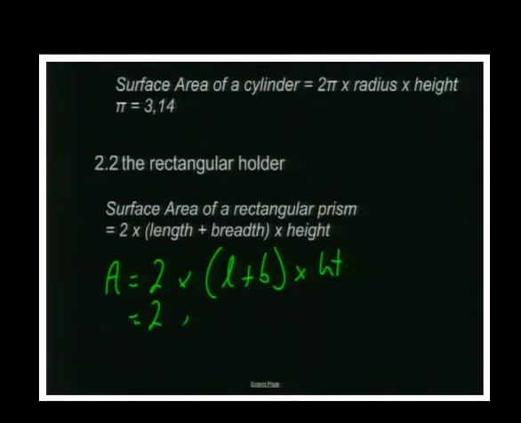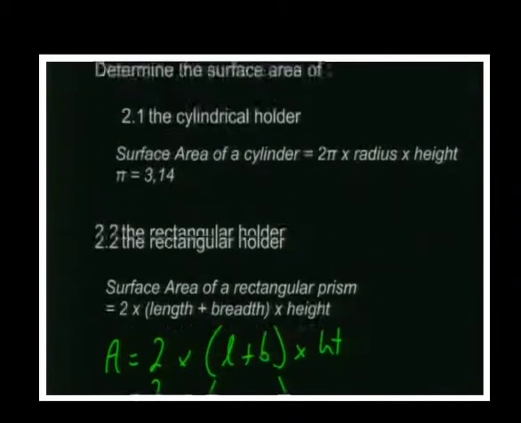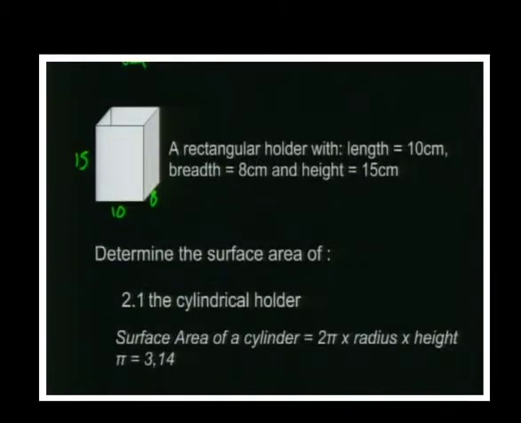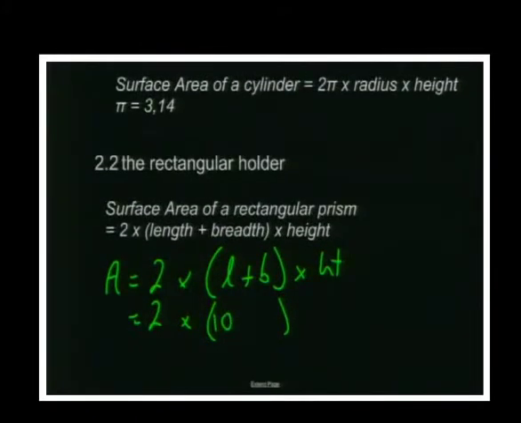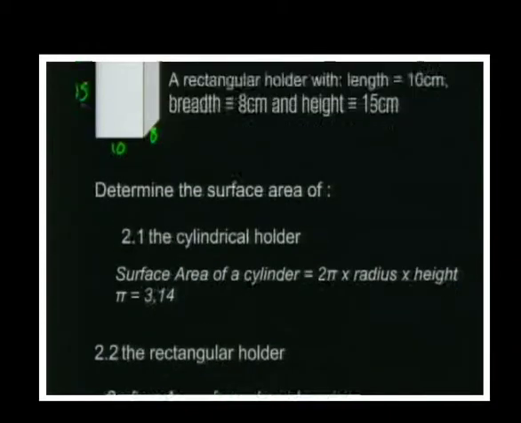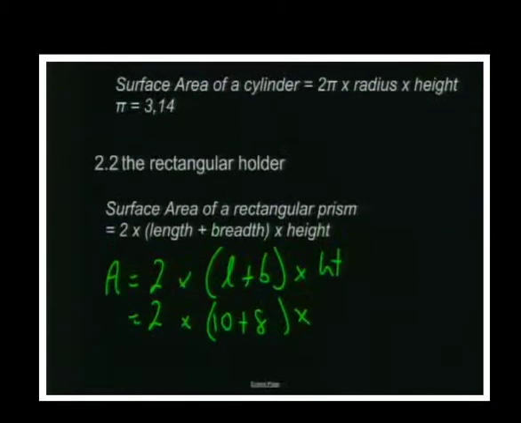2 multiplied by, let's go back to our diagram. Here it is. My length is 10, my breadth is 8. So it's 10 plus 8 times, what is my height? My height is 15 centimeters times 15 centimeters. 2 times 10 plus 8, we know is 18, times 15.